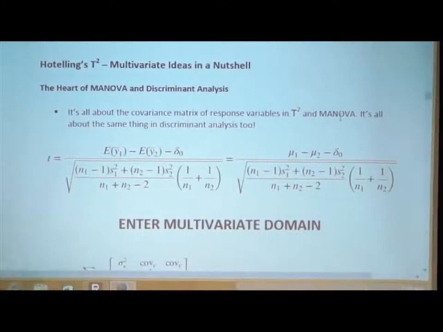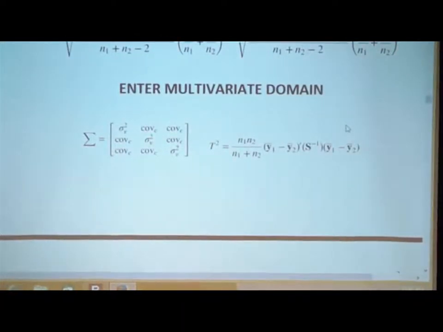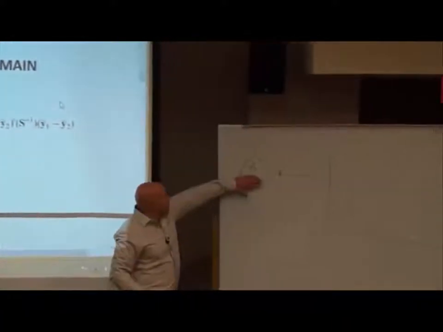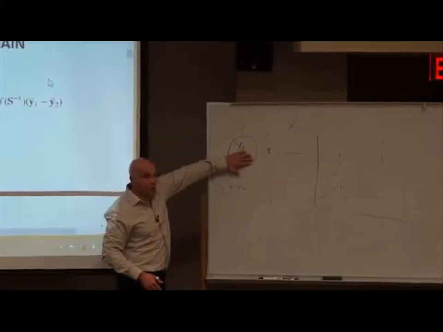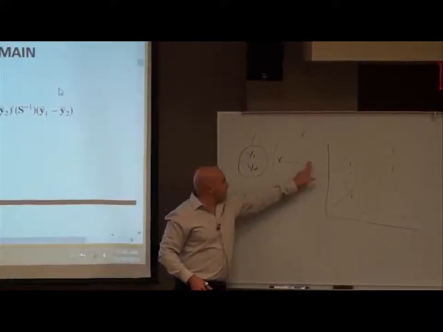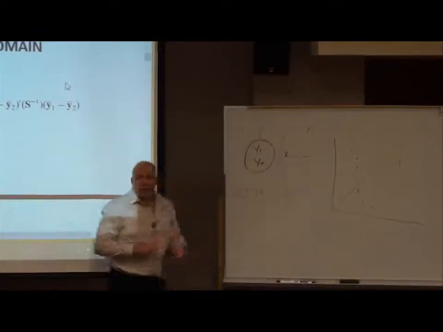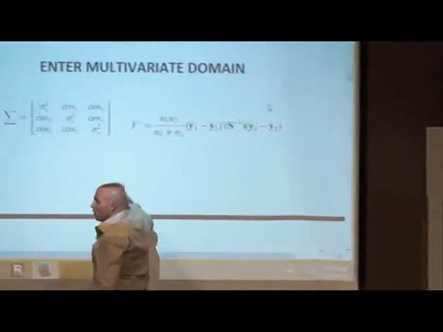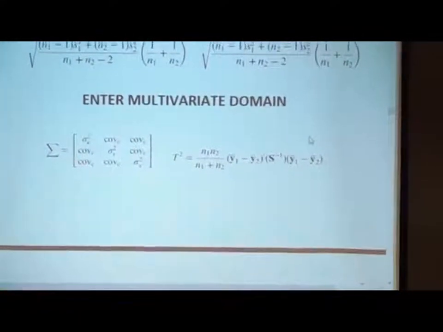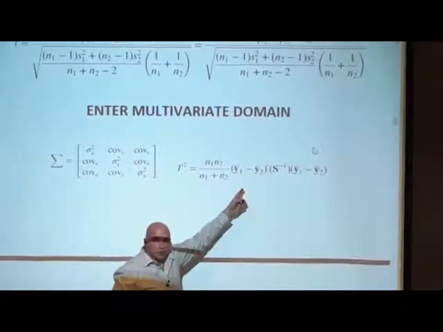Once I get into the multivariate domain, then I'm looking at the covariance among response variables. So there's my multivariate domain up here again, where as soon as I add another dependent variable, I'm looking at covariance between these. So if I take away this and I have two groups on this vector now, well, then I'm into Hotelling's T. But look, Hotelling's T is actually very similar to univariate t. Here are my vector differences right here. That's the transpose.